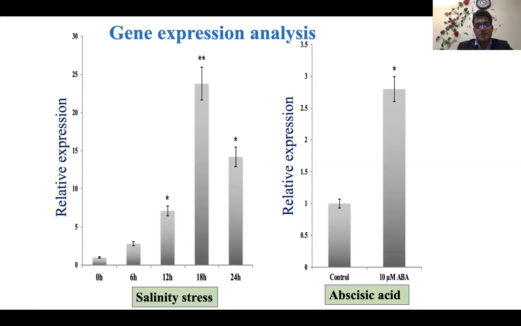So based on our RT-PCR analysis, we think that this gene is the best candidate gene for future studies. We also found that this gene's expression is upregulated by ABA treatment. ABA is abscisic acid, a stress hormone. So that's why we selected ABA for our analysis.